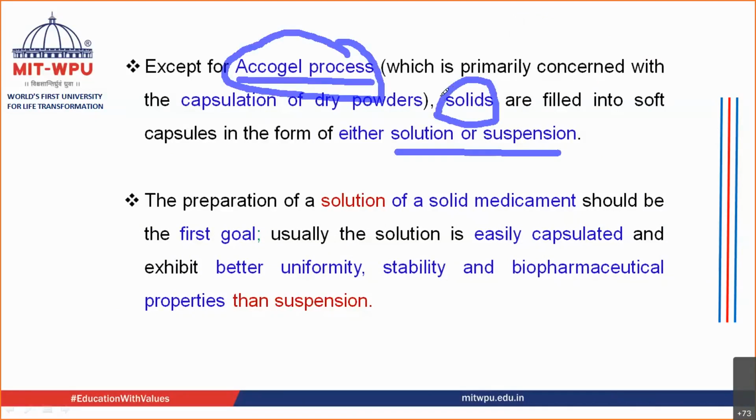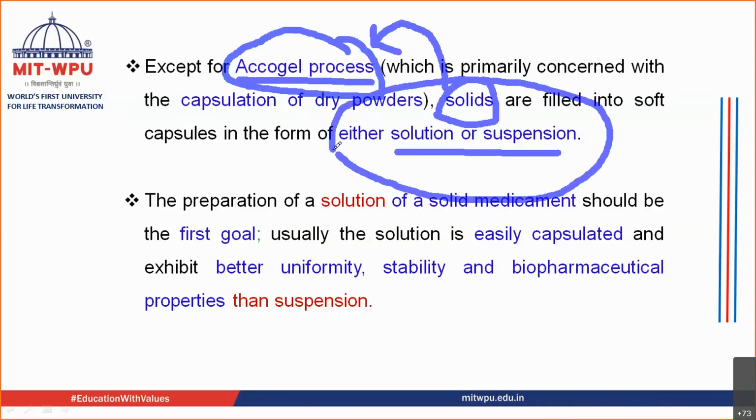So solids can also be encapsulated inside a soft gelatin capsule, and that process is known as the Ecogel process, which we are going to see further. Except for the Ecogel process, the substances that are encapsulated inside soft gelatin capsules are either solutions or suspensions, right?